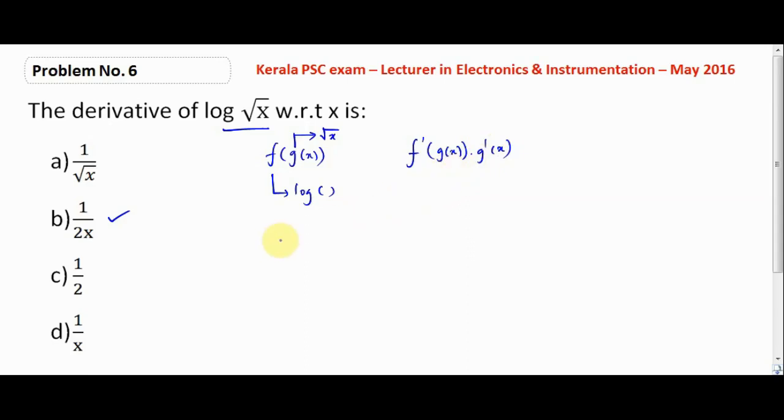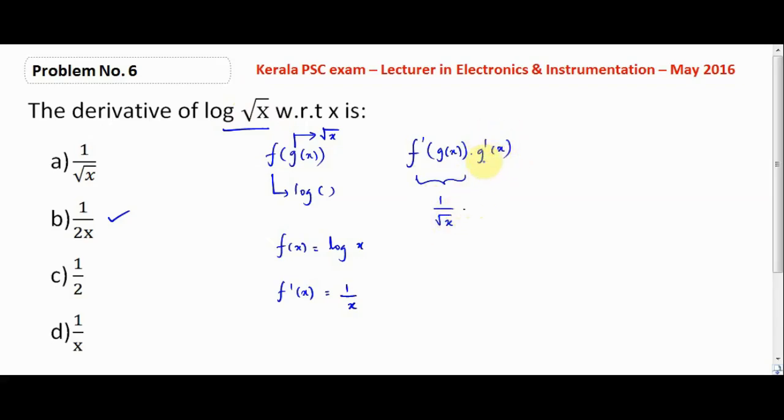Now we know that if f of x is equal to log x, then its derivative f dash of x will be equal to 1 by x. In this case, in place of x we have root x. Therefore f dash of g of x will be 1 by root x, that into g dash of x.